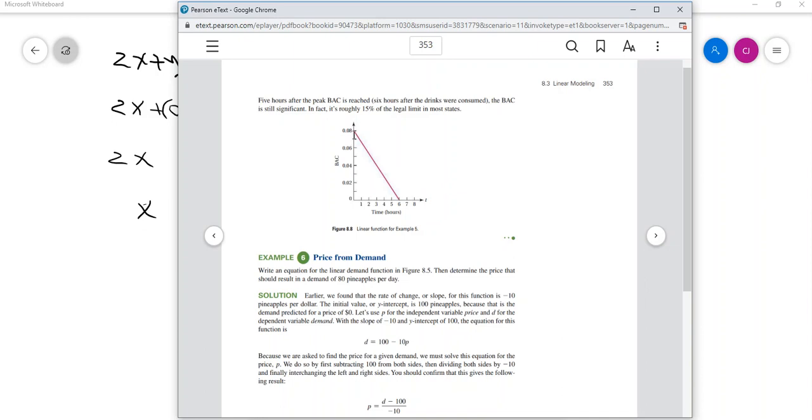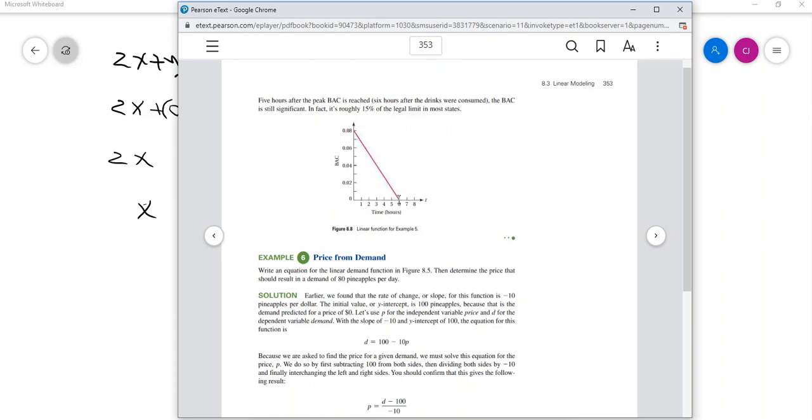So after this person had so much alcohol in their system, at time 0, when they stopped drinking, they would have like 0.08. And then as time went on, the alcohol concentration drops. So after 1 hour, it was down, and then after 2 hours it went to 0.06.